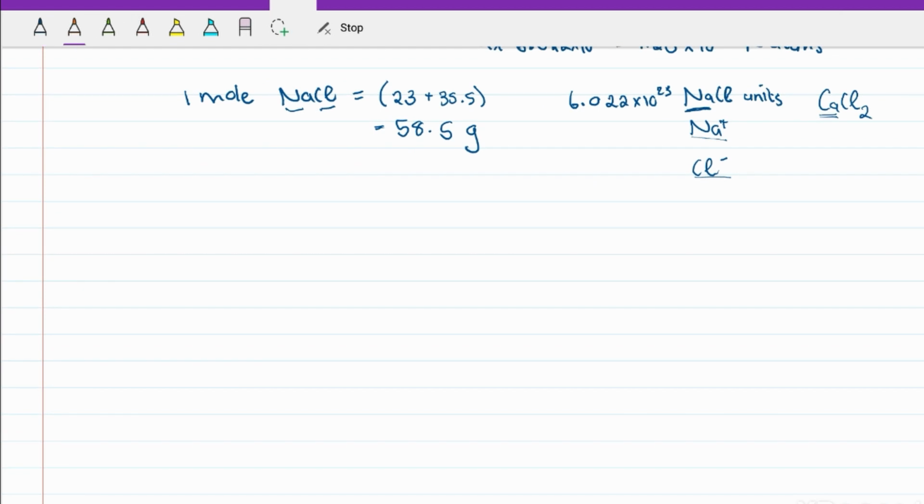If I have a beaker, and inside of my beaker I have an organic salt or compound, so C6H5 chloride.